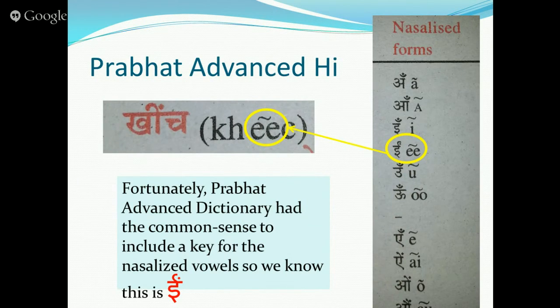If this were an N sound and not a nasalized sound, if the dot, the bindu, represented an N, then we would have seen an N in their pronunciation code. We would have seen KHEENC, and there would have been no wave above the double E.